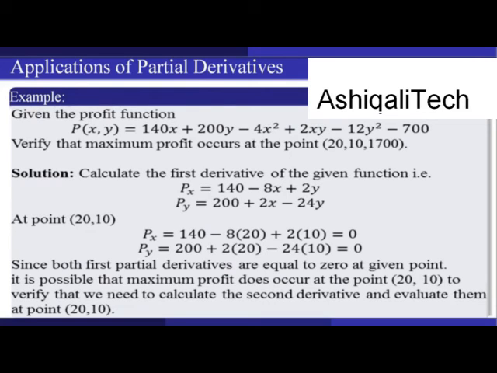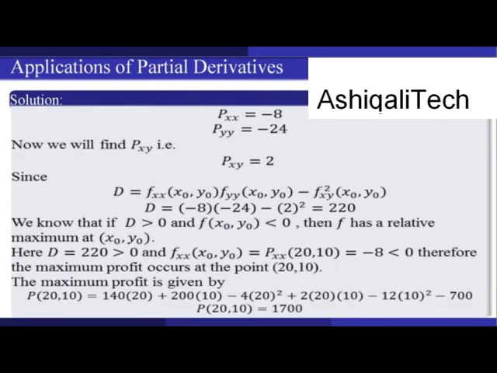Since both the first order partial derivatives are 0 at the given point, it is possible that maximum profit occurs at the point (20,10). Now we have to verify this. For this purpose, we have to calculate the second partial derivatives and apply the second derivatives test, evaluating them at the point (20,10).